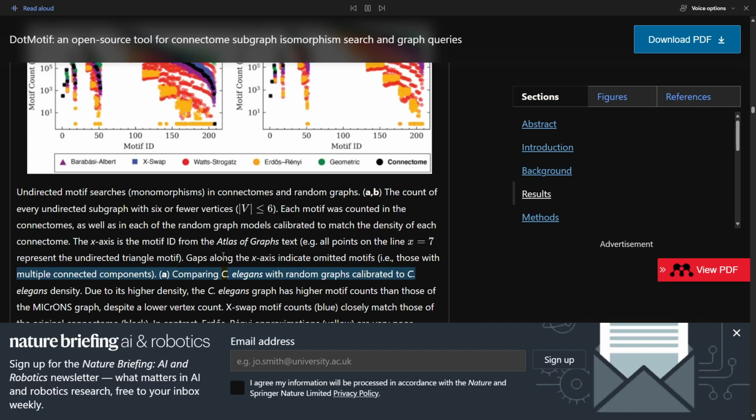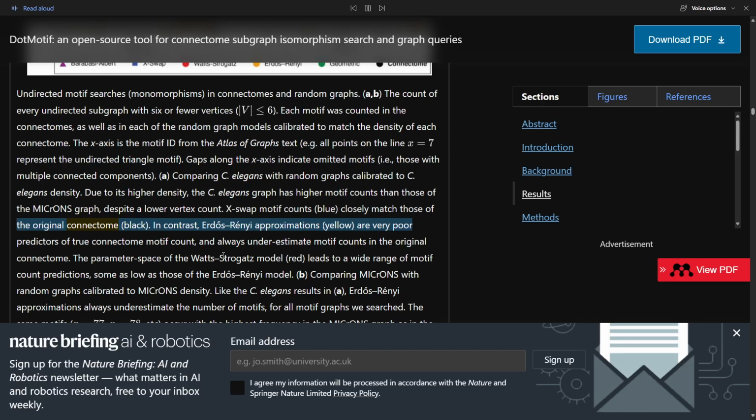A. Comparing C. elegans with random graphs calibrated to C. elegans density. Due to its higher density, the C. elegans graph has higher motif counts than those of the MICrONS graph, despite a lower vertex count. X-swap motif counts, blue, closely match those of the original connectome, black.